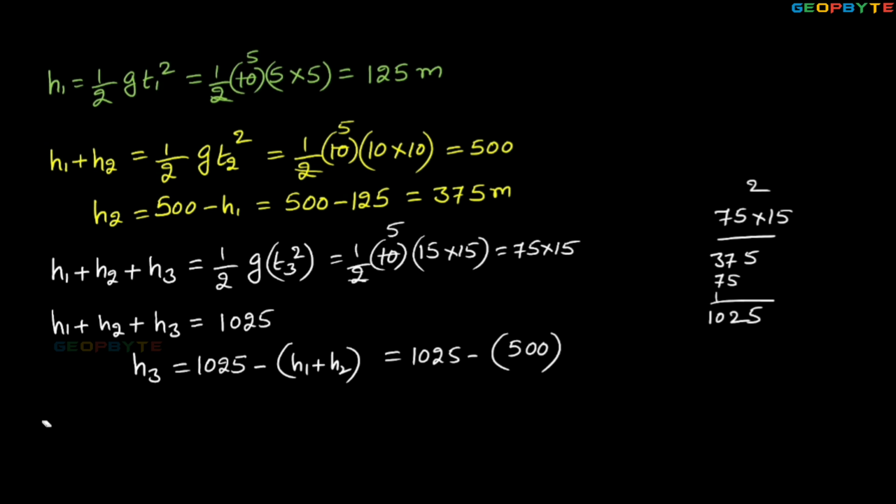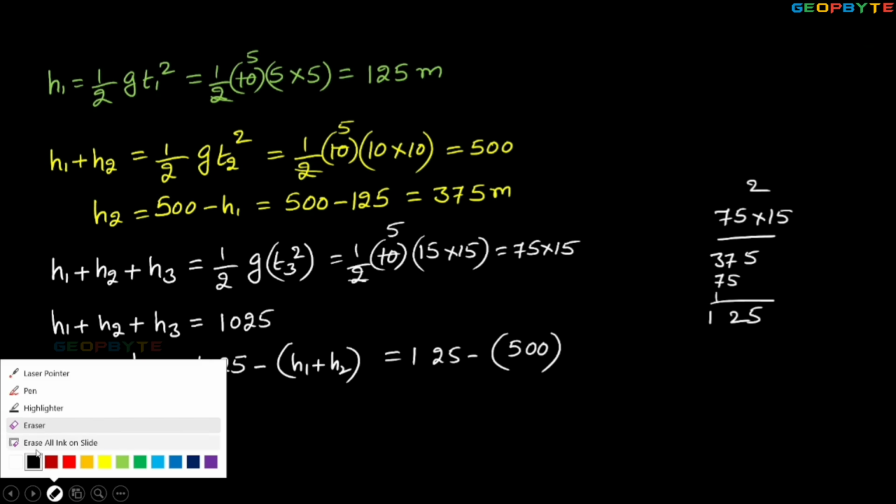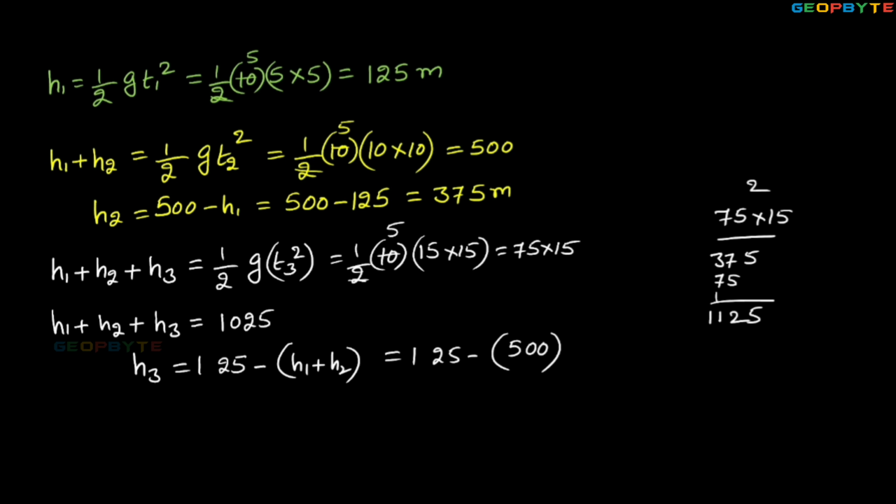You should be very careful, this is 11. Then h3 equal to 1125 minus h1 plus h2, which is 500. It is equal to 625 meters.